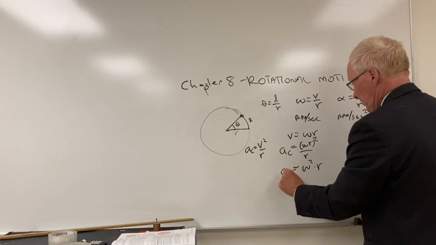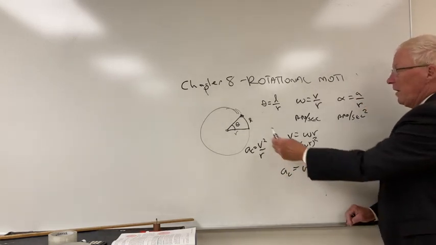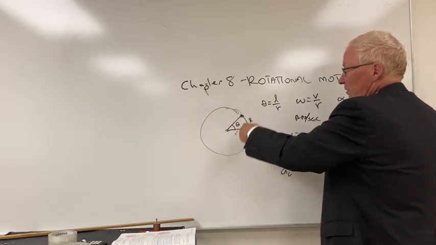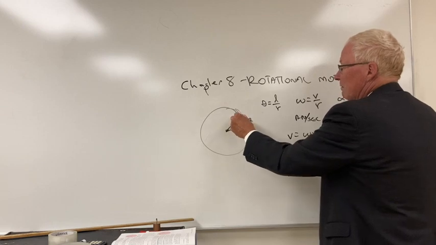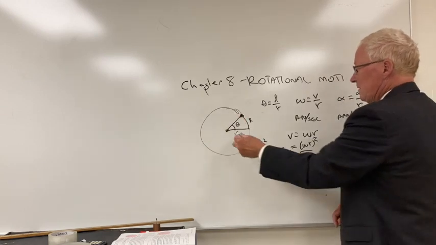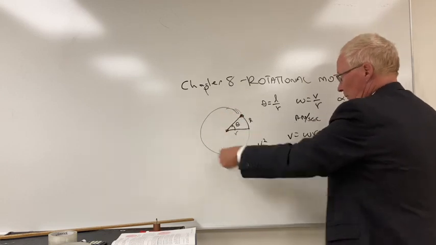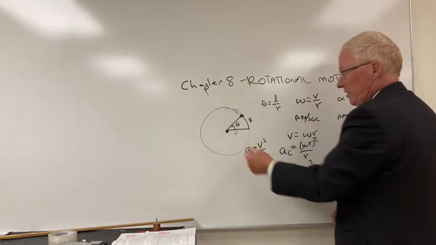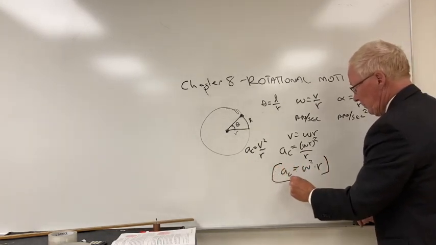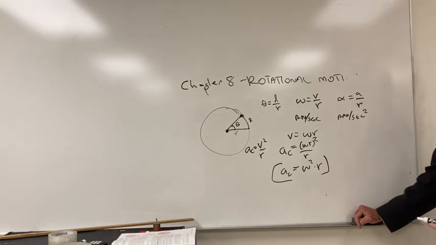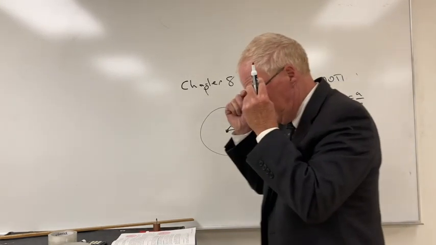So the centripetal acceleration depends on the angular velocity, which is the same anywhere on here, but it's proportional to how far you are from the center, which makes sense. I mean, the farther you are away, the more centripetal force you're going to feel. If you're at the center, you're not going to feel anything at all. So this is another expression for centripetal acceleration, in terms of omega squared r.